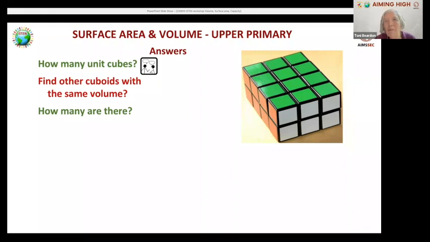You could have it 1 by 1 by 24. 3 by 4 by 2. Yes, but 3 by 4 by 2 is this one that you see. The top is 3 by 4 and the height is 2. 1 by 2 by what? I'm just setting the challenge.